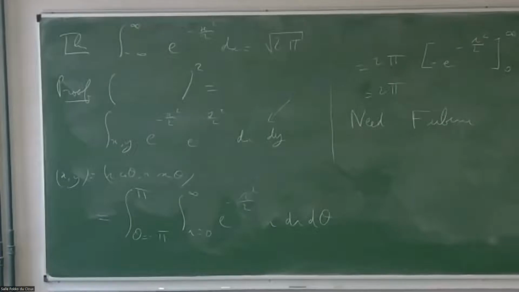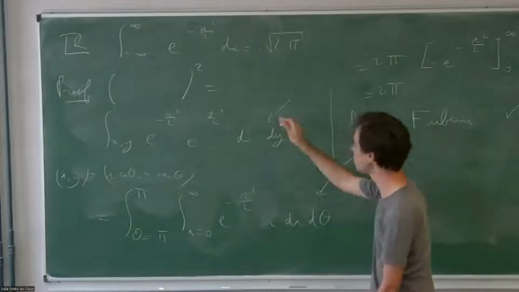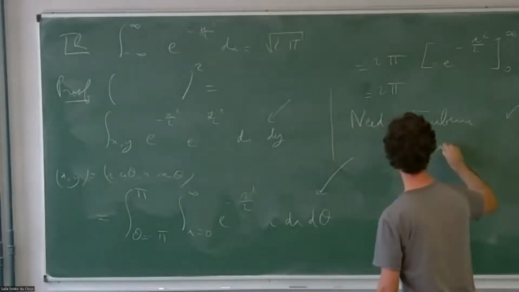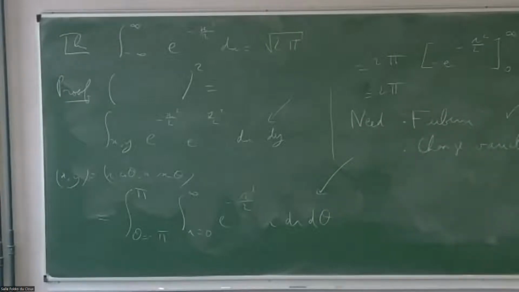But luckily for us, since my goal is to formalize things in MathLib, Floris here has done Fubini. Thanks to Floris, I won't have to do it if I want to formalize. And then here you need to change variables. Unfortunately, Floris is not interested in changing variables.